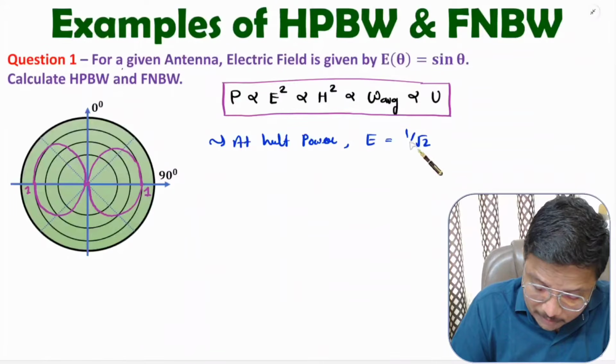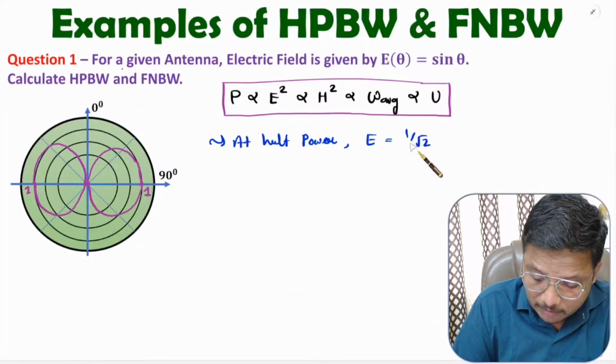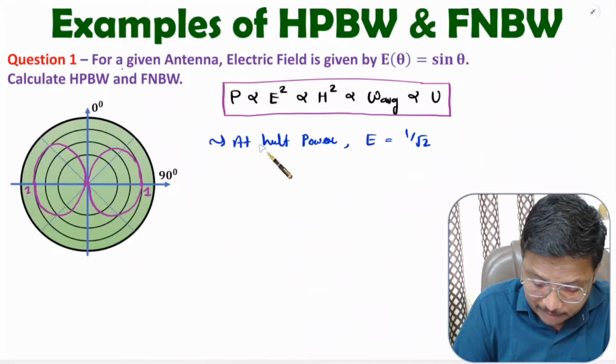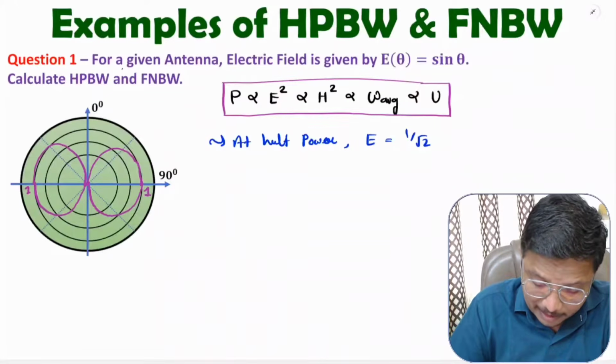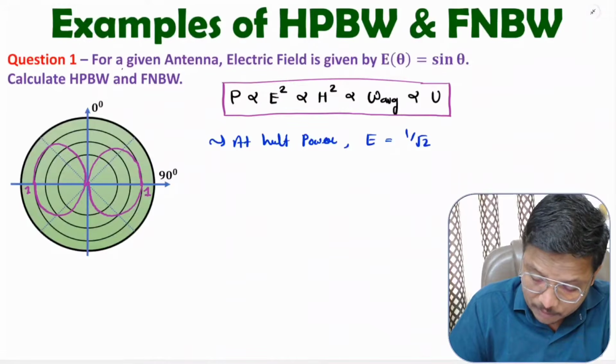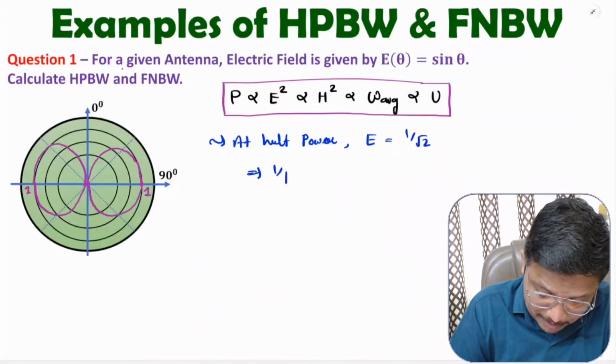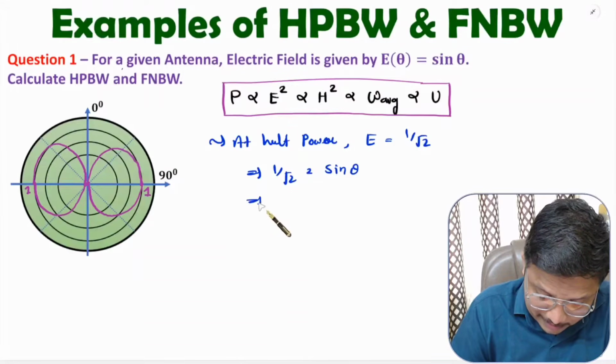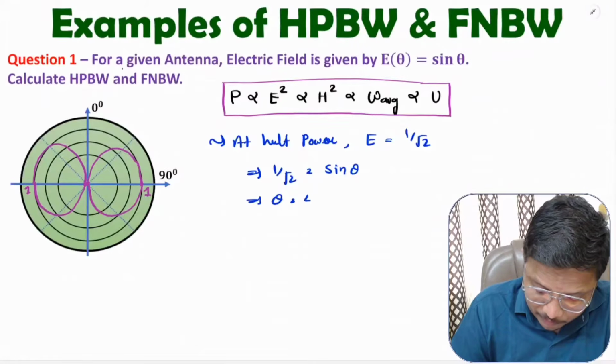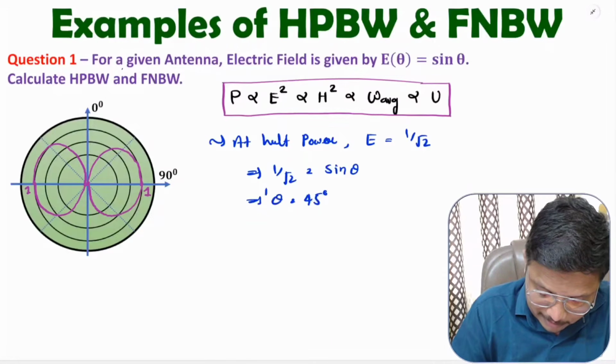Now 1 by root 2 is the value of electric field at half power, right? So we need to identify the angle at half power. If you want to identify the angle at half power, then 1 by root 2 equals sin theta. So you can say theta will be 45 degrees.